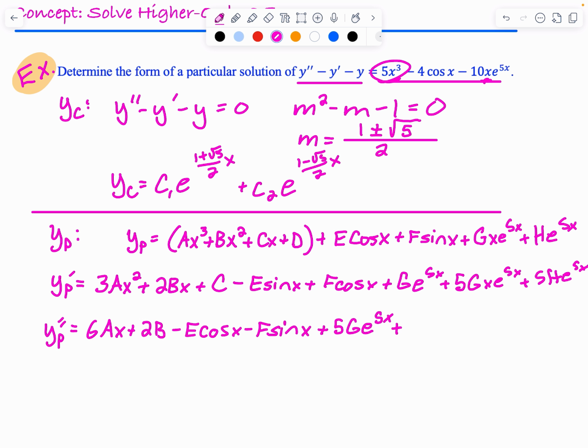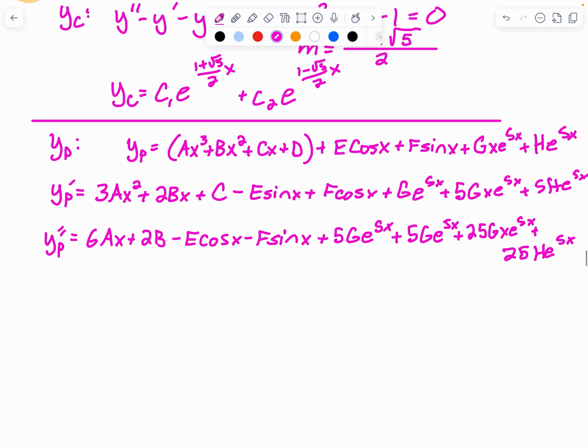And then this is going to be a product rule, so I get 5g e to the 5x plus 25gx e to the 5x plus 25h e to the 5x. Sorry that I had to go below there. These are long. Double checking my notes so I don't lead you guys astray. Everything's looking fine. Cool. I probably could put things together here.